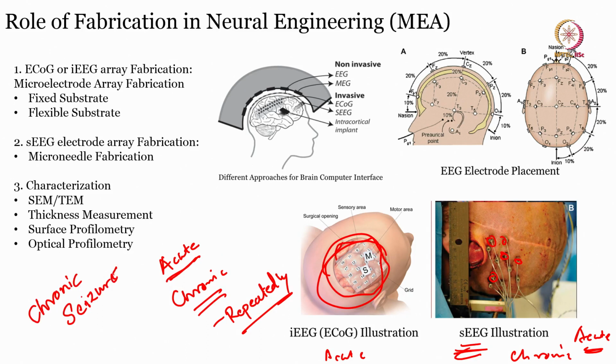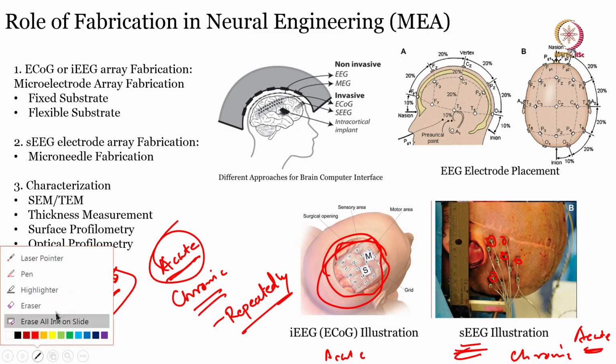Seizure prediction is altogether a different ball game. When a person is epileptic, nobody can perfectly predict when the next episode will come, but it is chronic. Chronic means it might come again, it might not, but it comes at some point of time. Whereas acute means it will be there for a limited period of time and then go away. This is in very simplistic terms, and you can search in detail on your own.